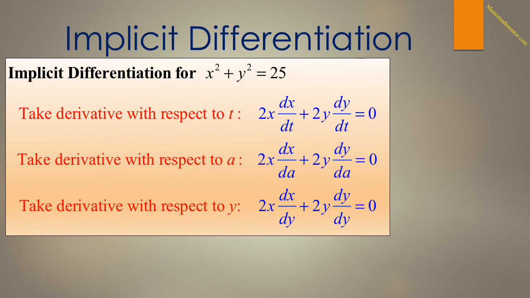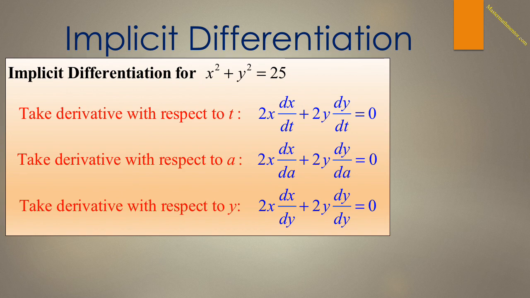We now define the concept of implicit differentiation. Differentiating an equation implicitly means to take the derivative of each term with respect to some variable, whether that variable is mentioned in the equation or not.